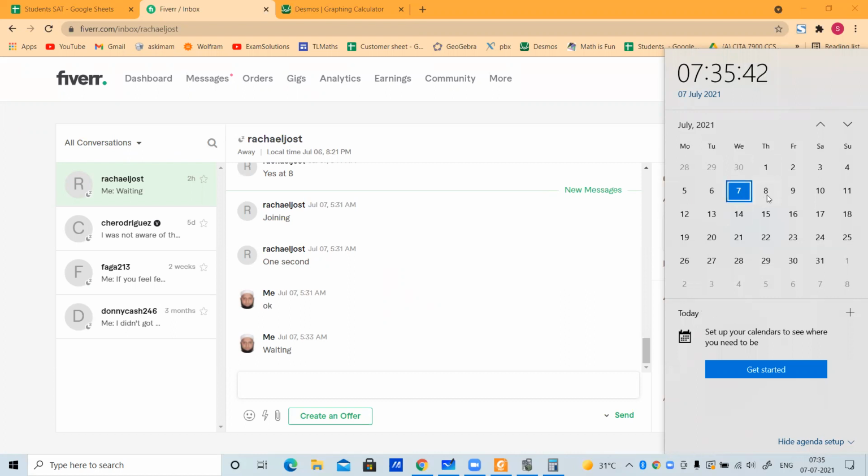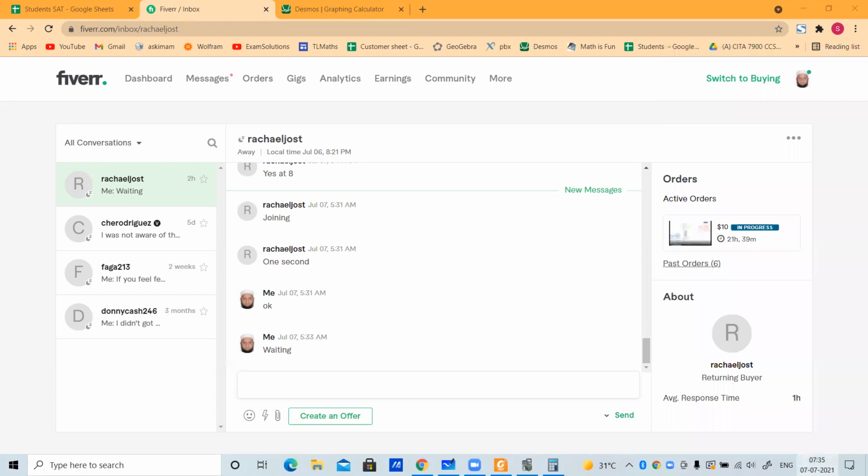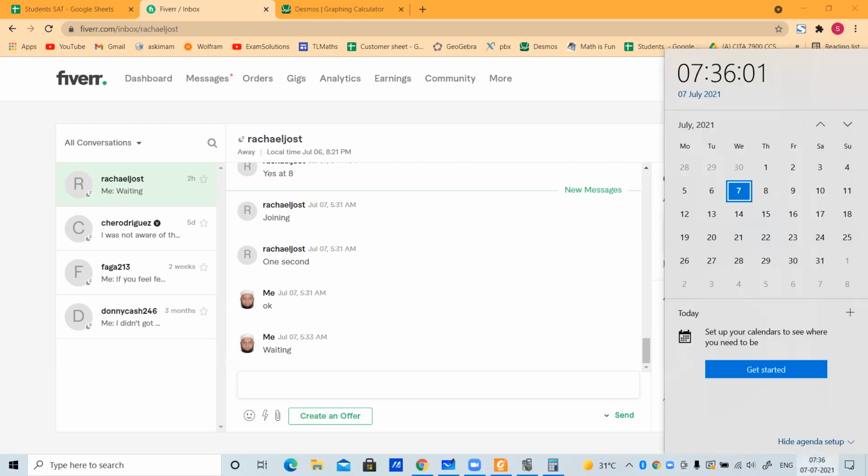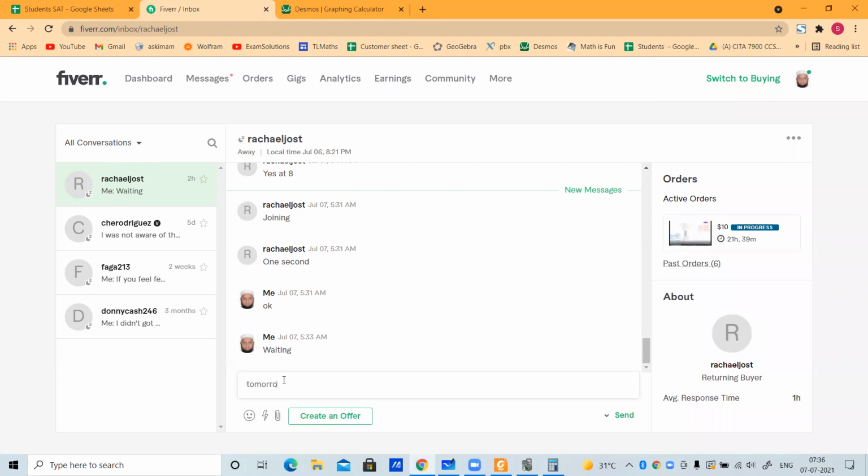If it's at 10 a.m., it has to be exactly 1 hour. If it's at 8 p.m., it can be a little bit longer. But not 8 p.m. tomorrow, because I already have a scheduled session tomorrow at 8 p.m. So can we go for 10 a.m.? Yeah, 10 a.m. is fine. All right, so tomorrow 10 a.m. I'm writing it.